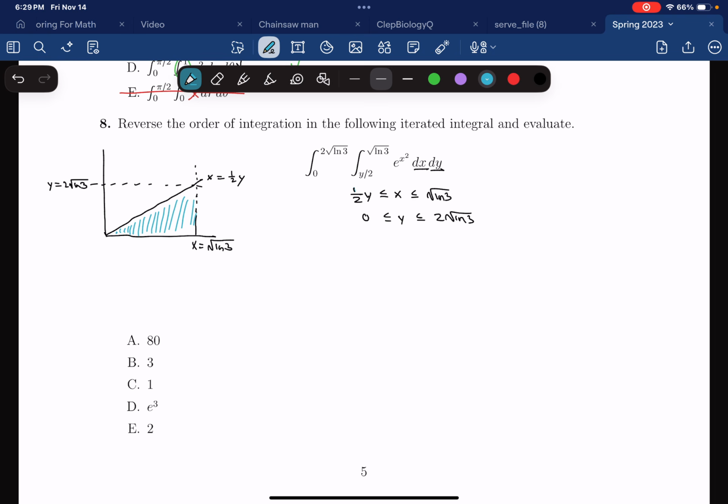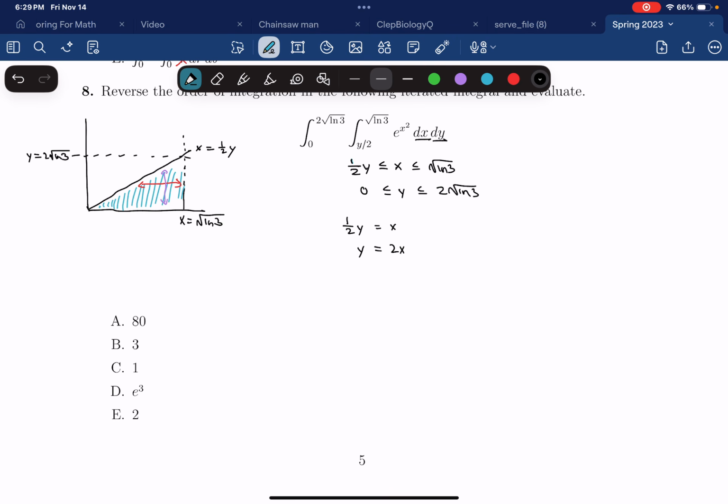So how we're currently going, it goes from this line to here, but let's move it from this line to this line. So in this case, we know that 1/2 y is equal to x. So let's just rewrite that as y is equal to 2x. So if we see, now y goes from this point, which is y equals 0, to this line, which is y equals 2x.